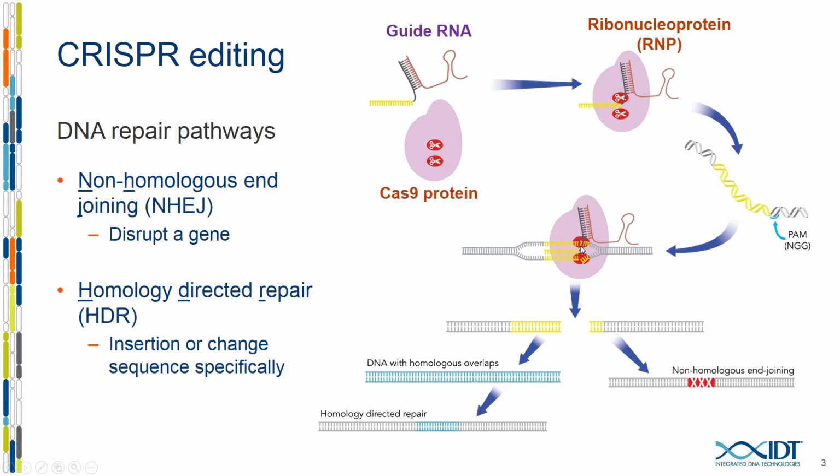the wild-type version of the protein. That cleavage event happens between the 17th and 18th base of the target DNA, and it is a blunt-ended cut, so there's no overhang left.